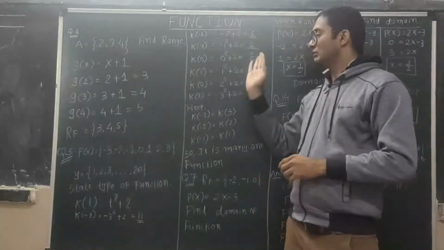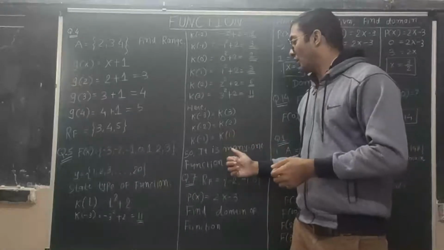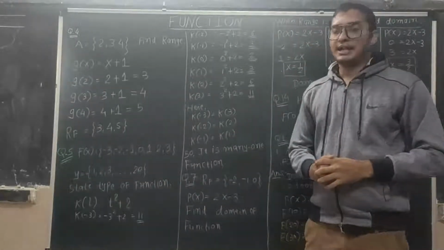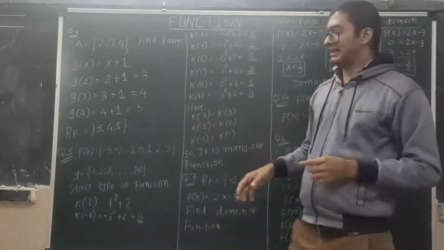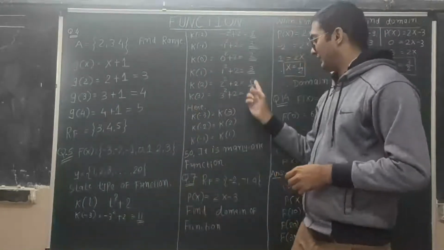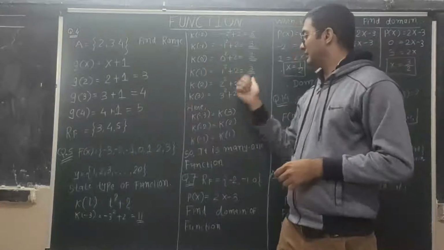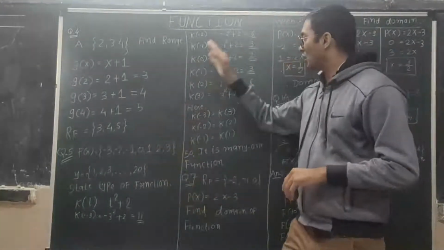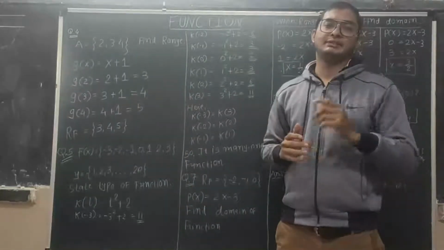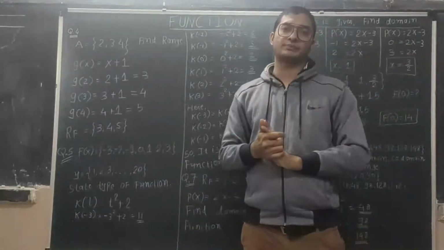If any two values are repeated, then it is called a many-one function. And if the answer is the same for all the values, let's say 5 at each value, or 6, or 11, whatever, then it is called a constant function.